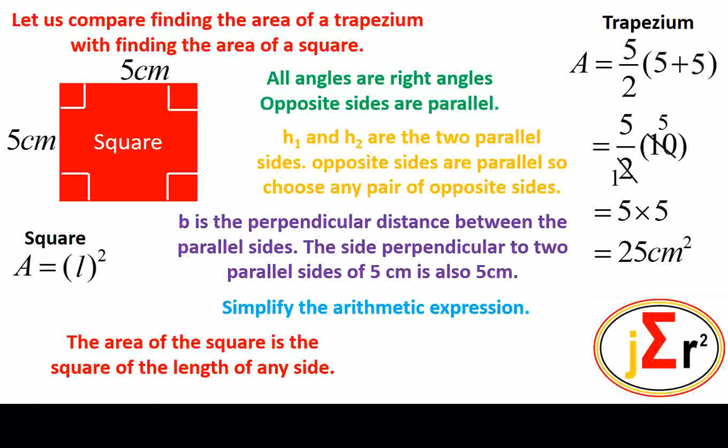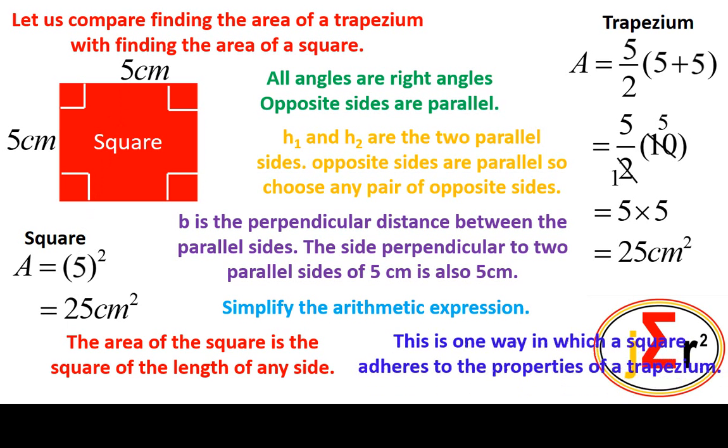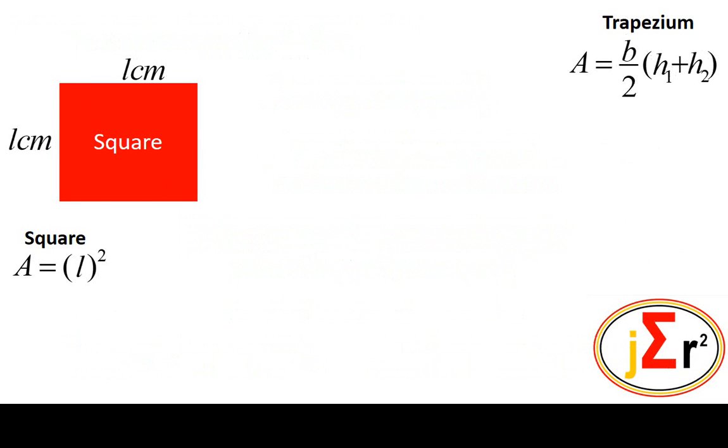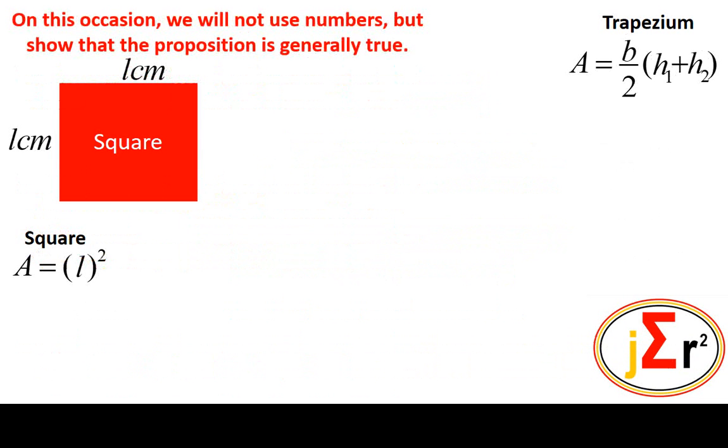There we have 5 squared, which is equal to 25, and we also have 25 square centimeters. This is one way in which a square adheres to the properties of a trapezium.